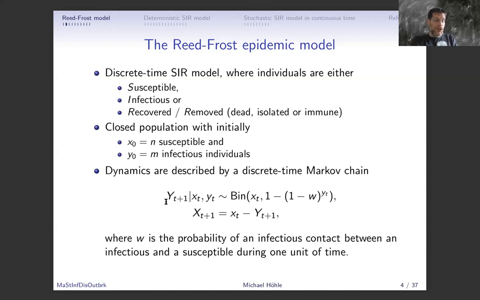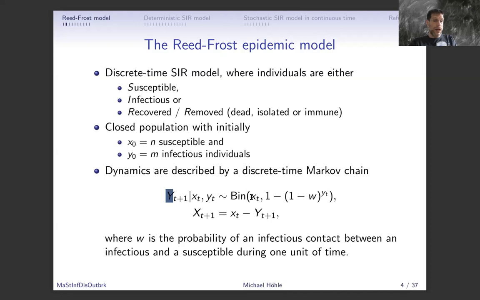So what we have in each step of the simulation is adequately described by a discrete time Markov chain, where, given that we know the current number of susceptibles and the current number of infectious, we can simulate how many new infections we will get in one time step ahead. We will use the small letters here to denote observed quantities, and Y in capital letter is a random quantity, a stochastic variable. We will say that it's described by a binomial distribution.